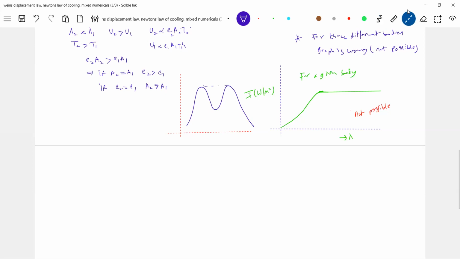You can clearly see the intensity is maximum. Is this possible, sir? No, it cannot happen. Wien's displacement law will get violated. The temperature of the body will be T, no doubt, for a given body.